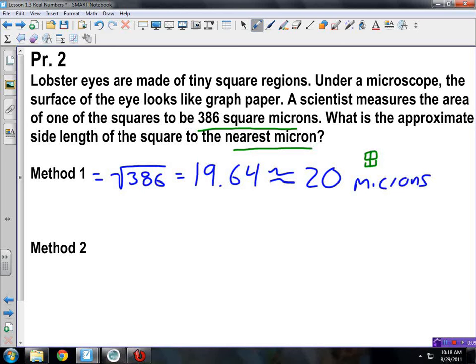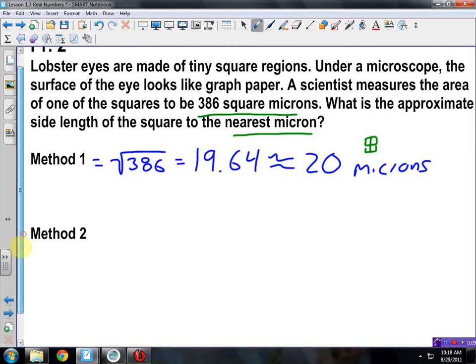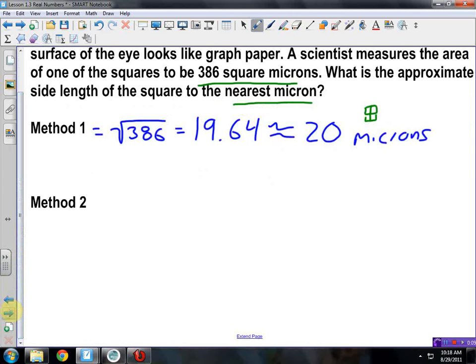Using a calculator. How would you do this if you didn't have a calculator? One thing we cannot do is the radical symbol with pen and paper. We need a calculator to do that. So method 2 is going to be a little bit more like guess and check. Okay?